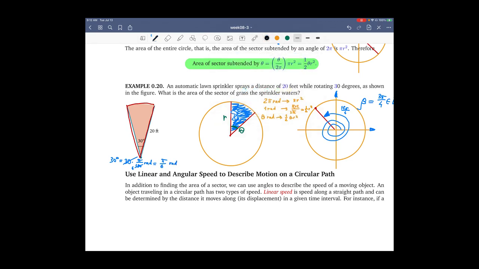Therefore, the area of this sector equals 1/2 times theta times radius squared, which is 1/2 times pi over 6 times radius squared.